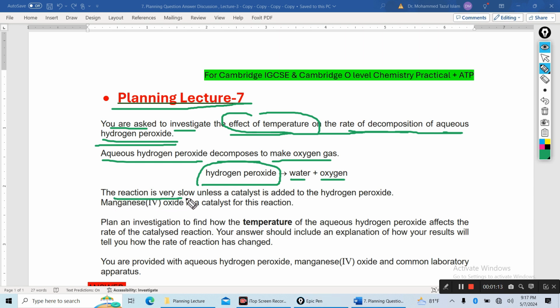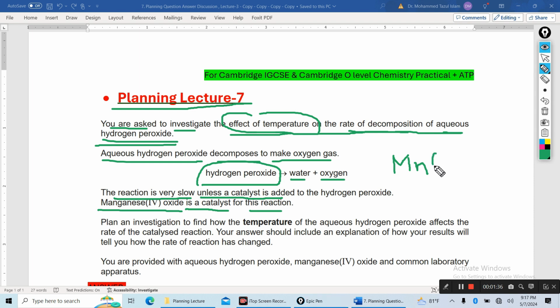The reaction is very slow unless a catalyst is added. This means if you don't use a catalyst, the reaction is very slow. Manganese peroxide, formula MnO2, is a catalyst for this reaction.